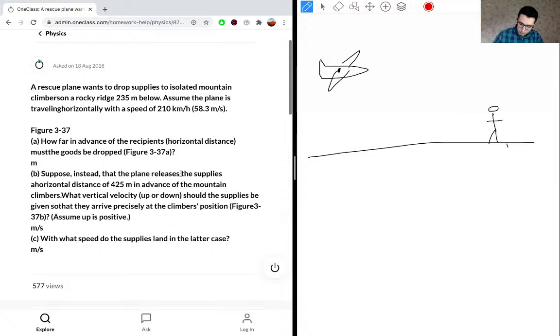And we have this person, the center point, or the point where he is at, is right there. Okay, and we're going at a speed of, oh, sorry, 58.3 meters per second. And we're at a height of 235 meters.